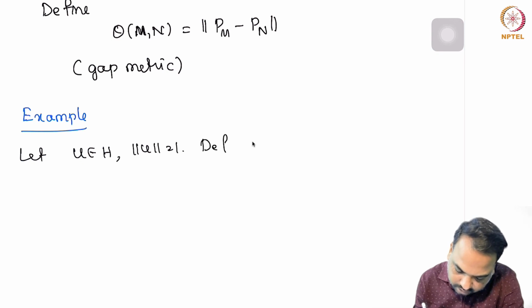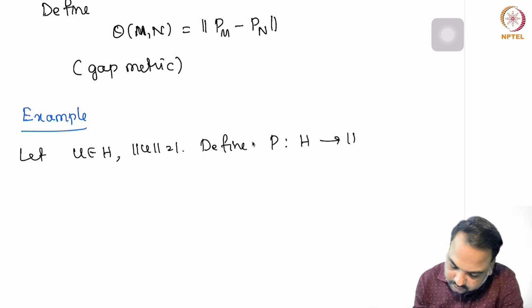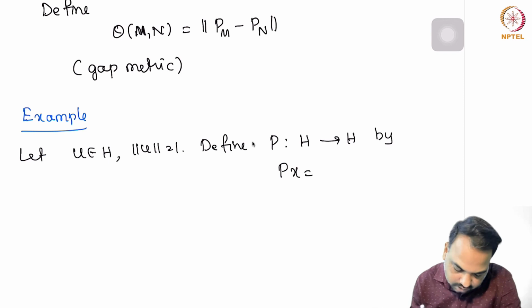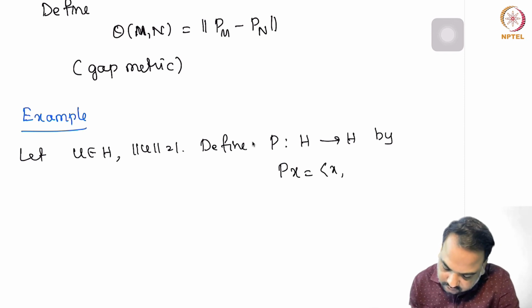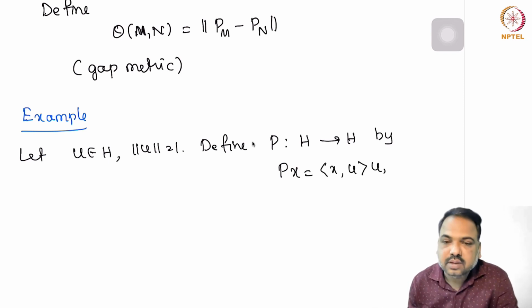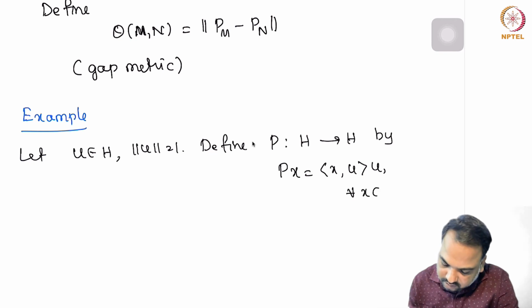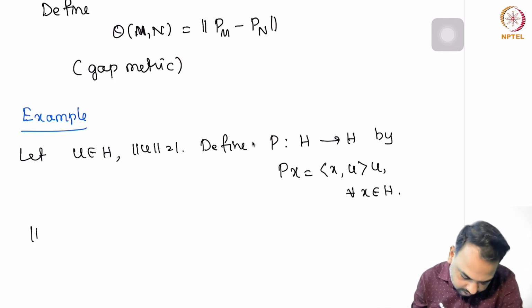So define P from H into H by P of x equals inner product of x with u, multiplied by u, for every x in H. Then we can easily show that P is an orthogonal projection.